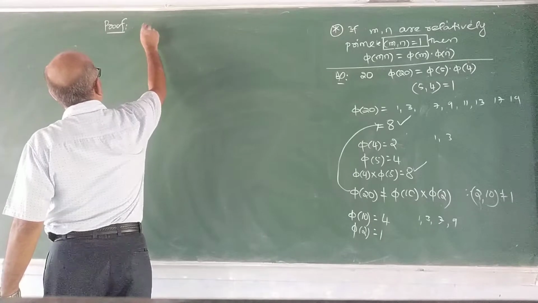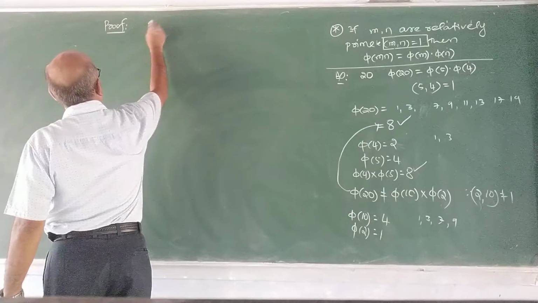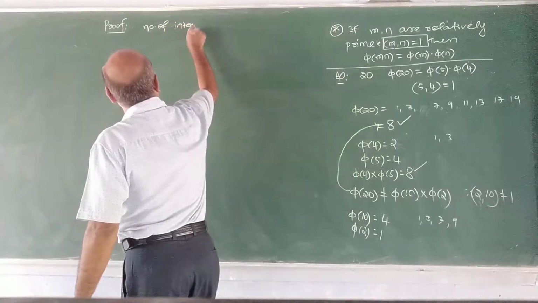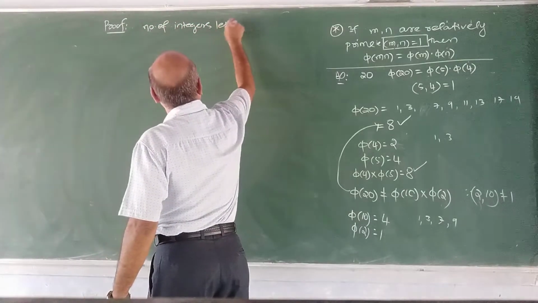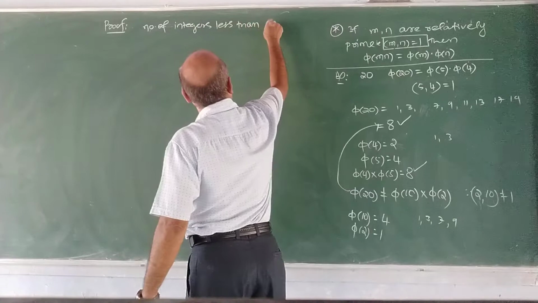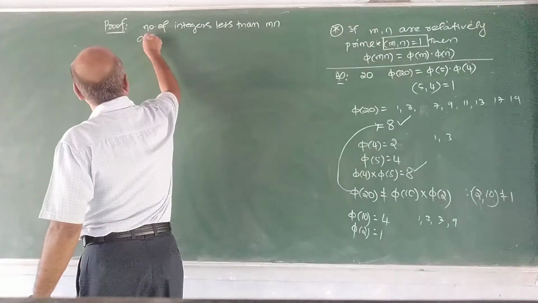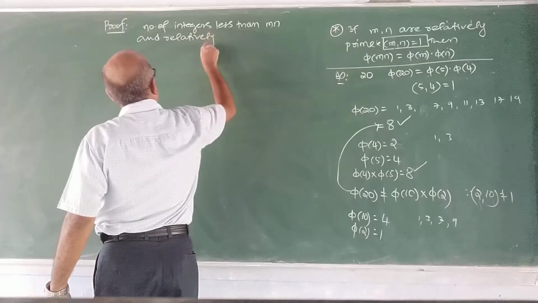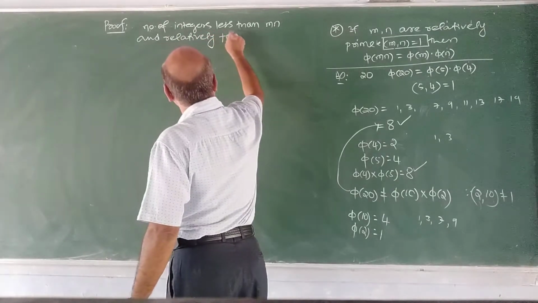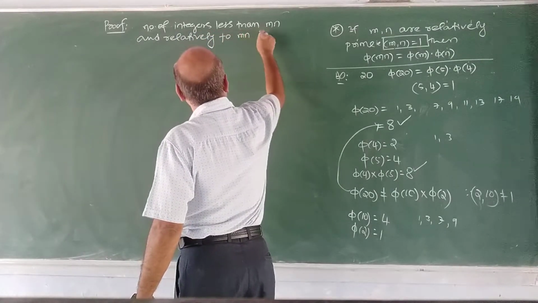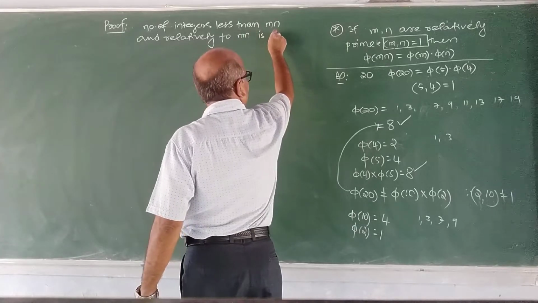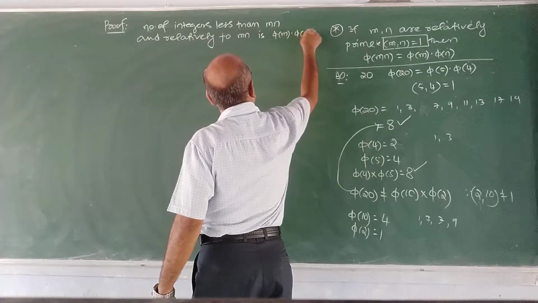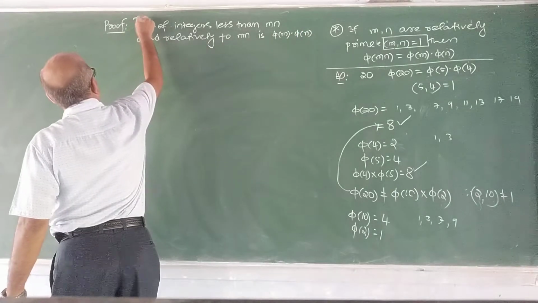You have to prove that the number of integers less than m into n and relatively prime, or co-prime, to m into n is phi of m into phi of n. You have to prove this.